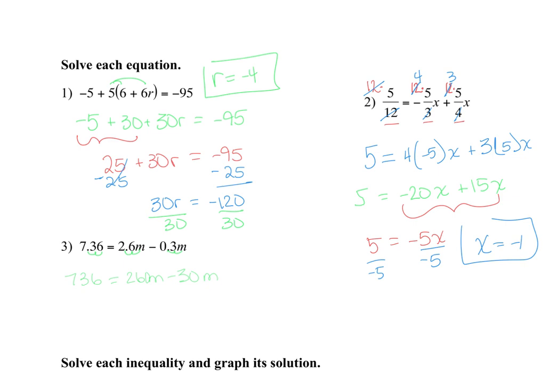So as you work through these different ones, you're still doing the same process. You're going to combine like terms, you're going to divide, and then you're going to simplify.